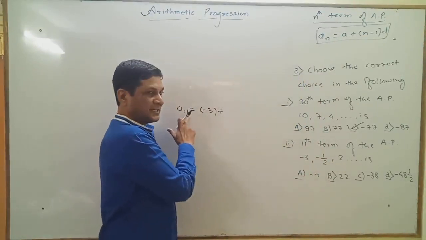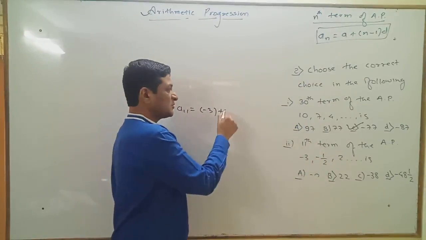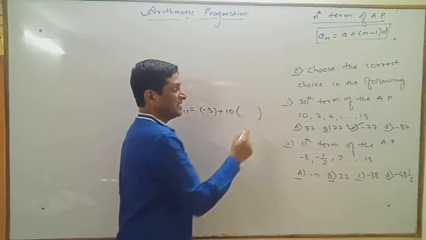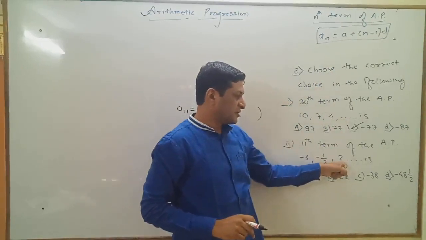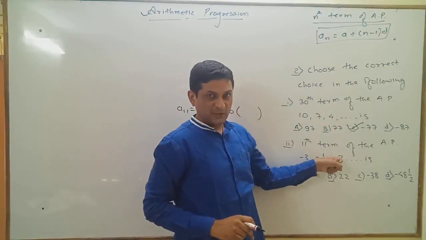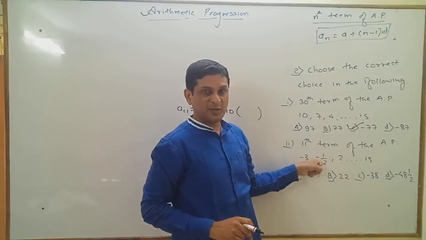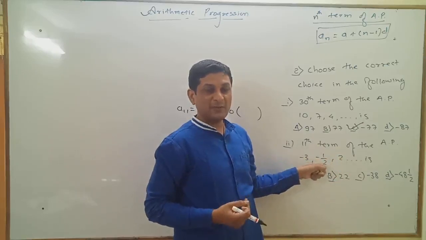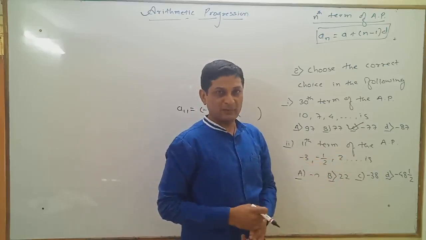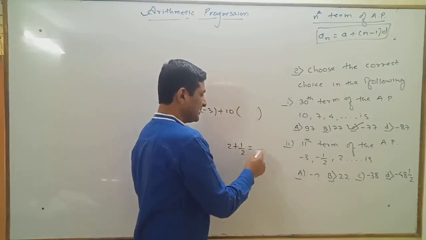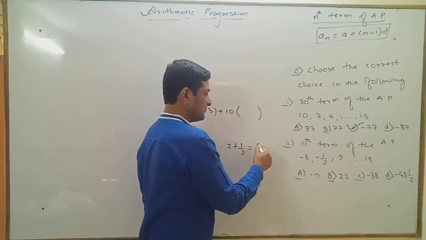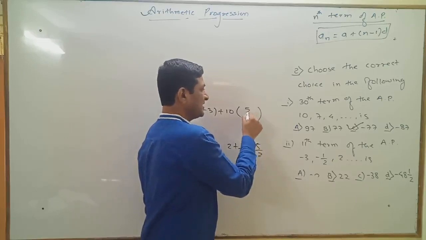What is n? 11. 11 minus 1 is 10, into d. Now substitute the value of d. To find the value of d, take the difference of any term to its previous term, means 2 minus minus 1 by 2. 2 minus minus 1 by 2 means 2 plus 1 by 2. 2 plus 1 by 2 is equal to 2 twos are 4, 4 plus 1 is 5, 5 by 2. So the value of d is here 5 by 2.